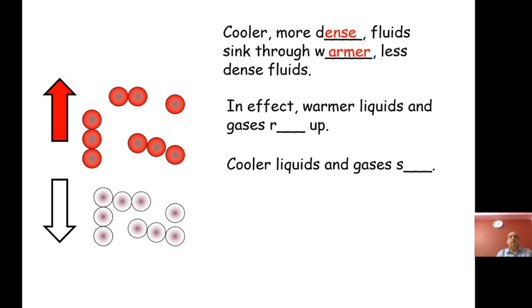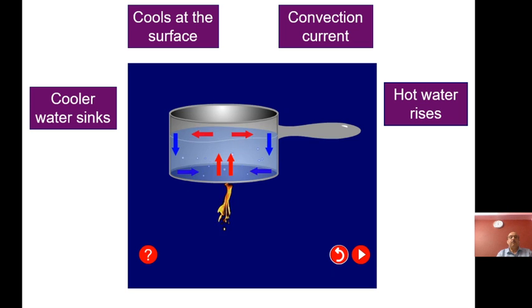In effect, warmer liquids and gases, as gases are also fluids, move from one point to another. They are less dense, so they rise up. Hence, we may say the cooler liquids and gases sink, whereas the warmer liquids and gases rise up.